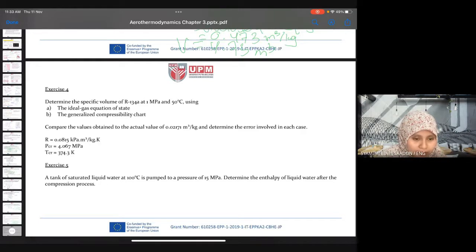If you look up at the table, refrigerant R134A, or the name is tetrafluoroethane. You look at the table. The gas constant is 0.08149 or 15 kilojoule per kilogram per Kelvin.